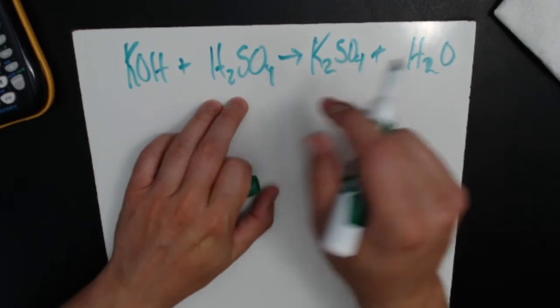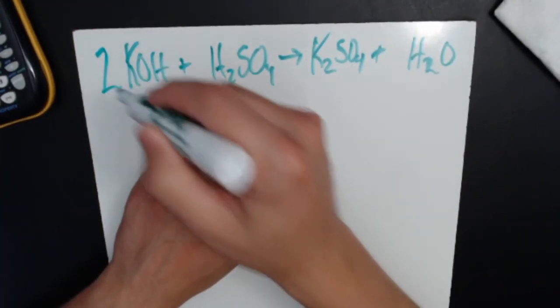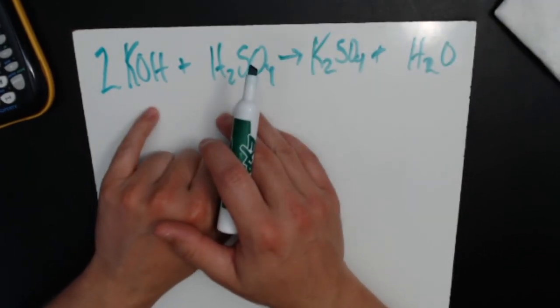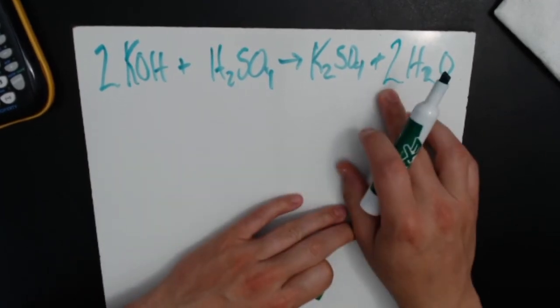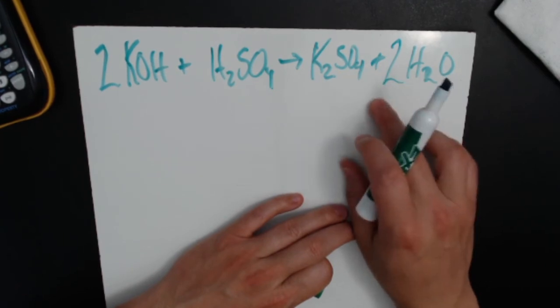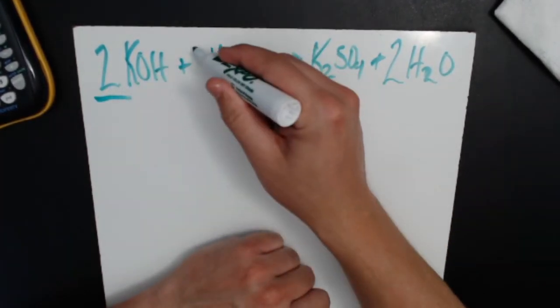So now I have 2 potassiums here, so I have to put a 2 here. That gives me 2 hydrogens here, so 4 total. So I'll put a 2 here, and now it's balanced. Really, this 2 here is not very important, because we're not concerned about the mole ratio on this side. We're concerned about the mole ratio here.